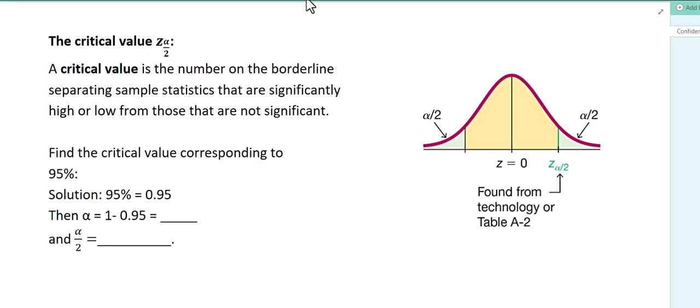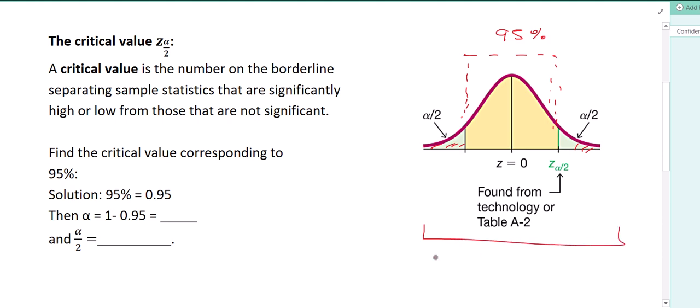So to find it for the 95% area, that means that in between here, if we look at this picture, 95% of the area is in there. So on the tails, the whole thing is 1. So in the two tails you're going to have 1 minus 0.95.